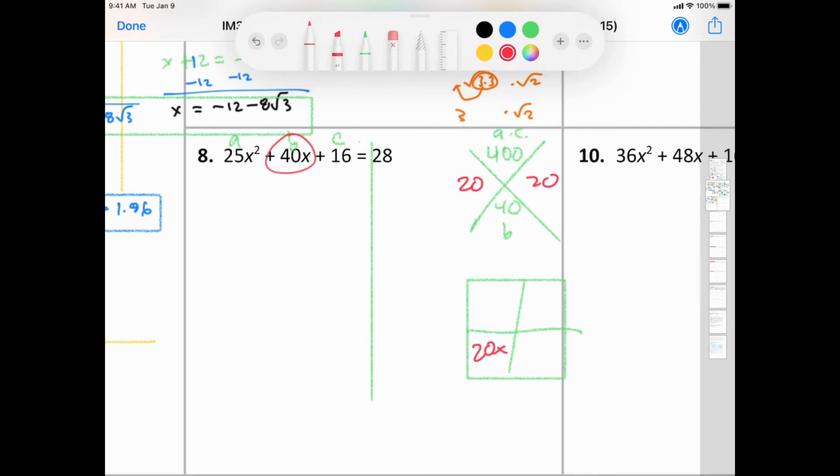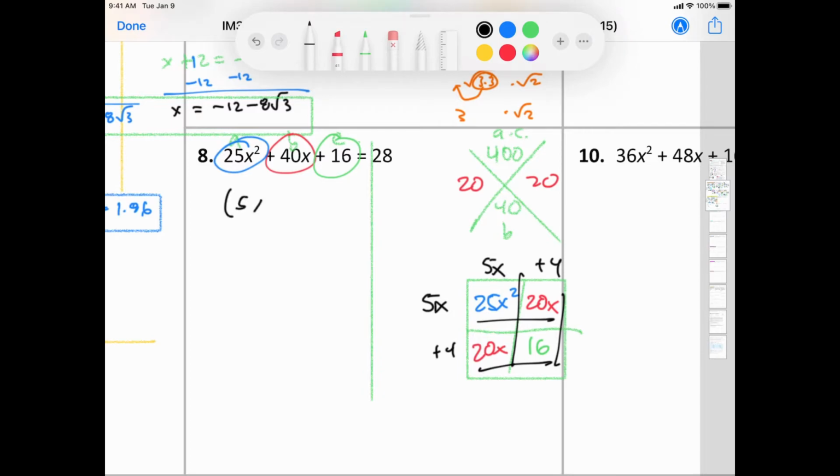So 20x and 20x. 25x squared. 16. That would be 5x plus 4. 5x and plus 4. So there you have a perfect trinomial square.